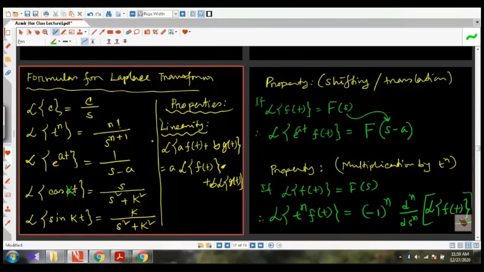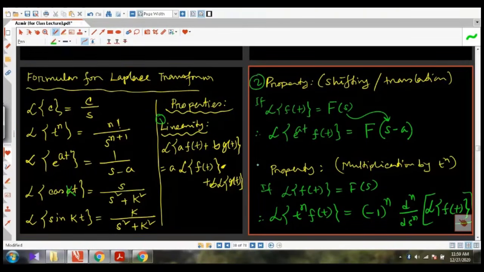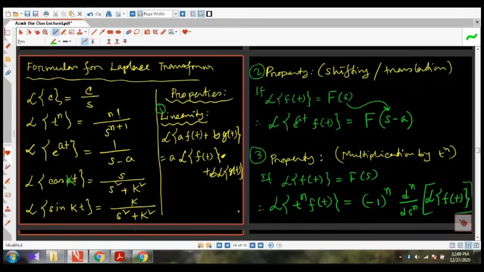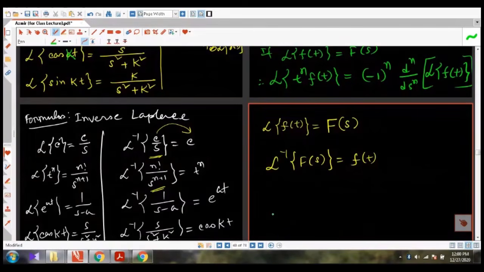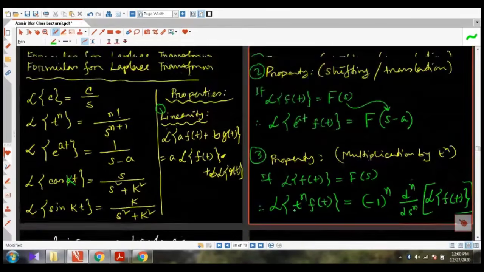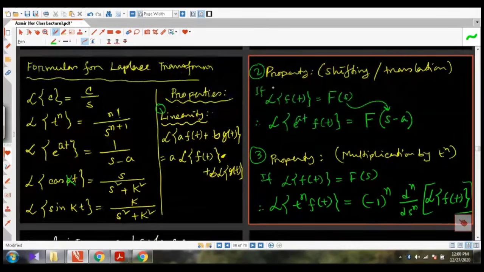Property 1 is the linearity property, property 2 is the shifting property, and property 3 is the multiplication by t power n property. But inverse Laplace transformation has only two properties, the first and second one, linearity property and the shifting property. In inverse Laplace transformation, you will not get this type of properties. Okay?